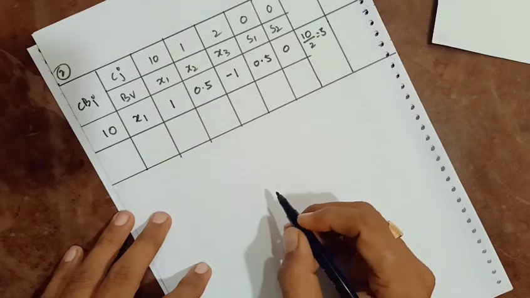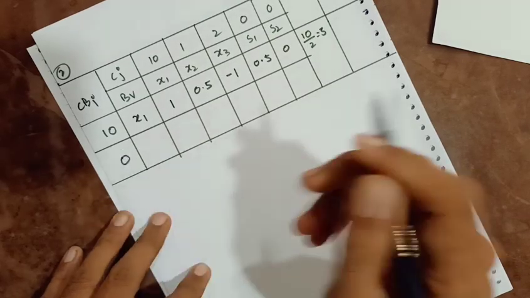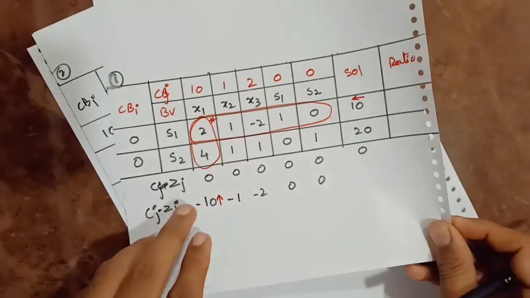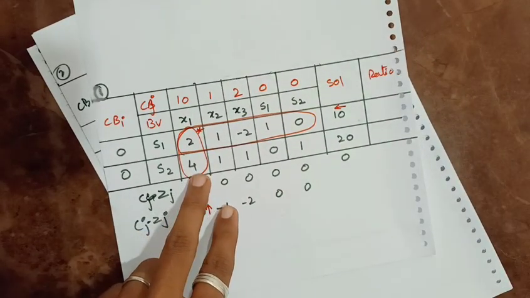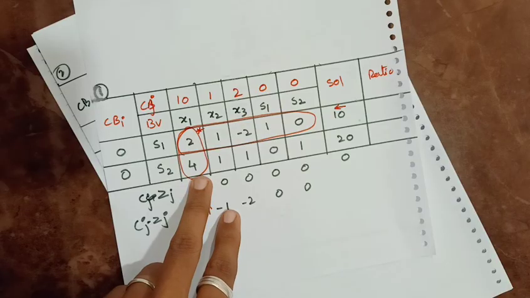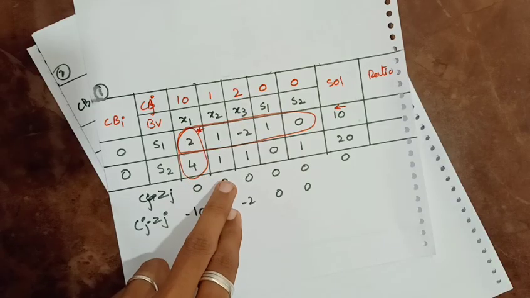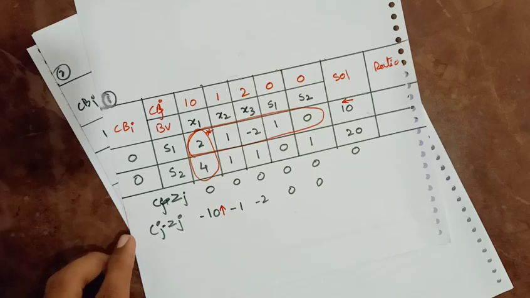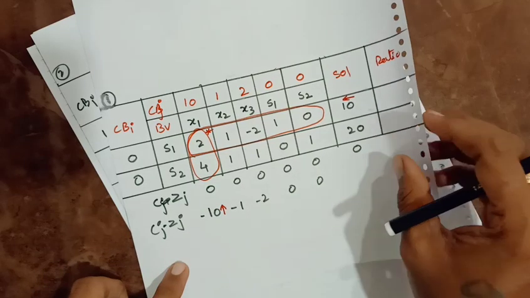Now S2, in the iteration table we were having these values. Now we have to find out new values for S2.